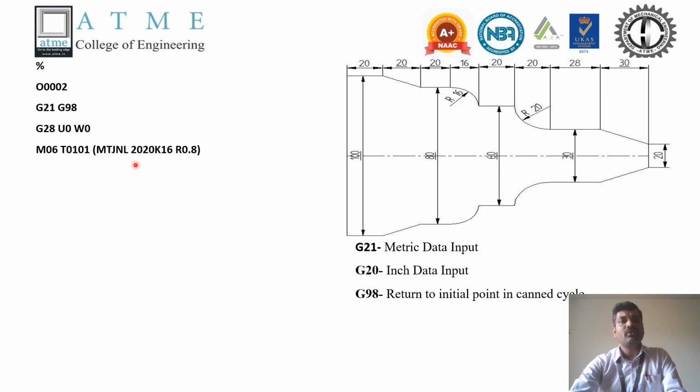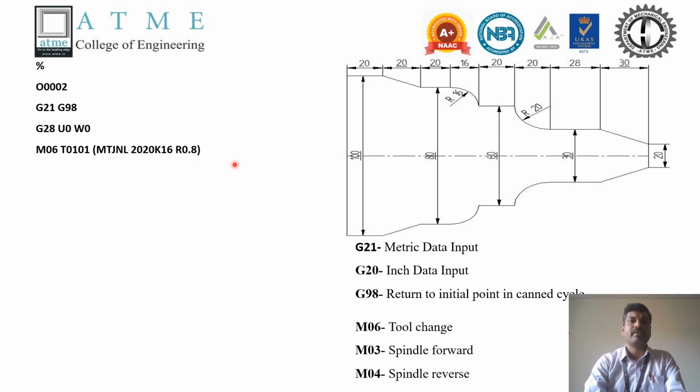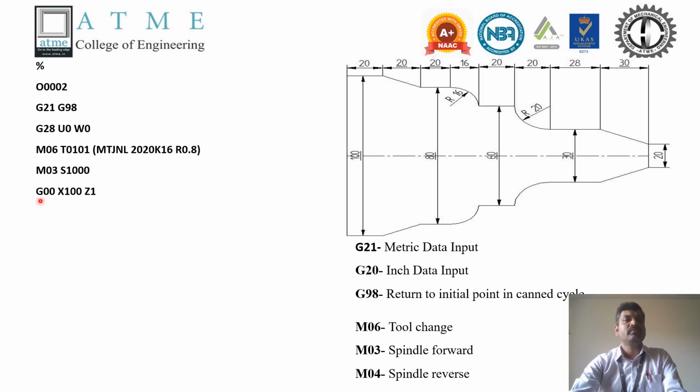This is the typical tool given in the program. We can select this tool in the software. Once the tool is selected, the spindle is turned on in the forward direction at a speed of 1000 rpm. Then G00, that is rapid traverse of the tool from the home position to X100 Z1.